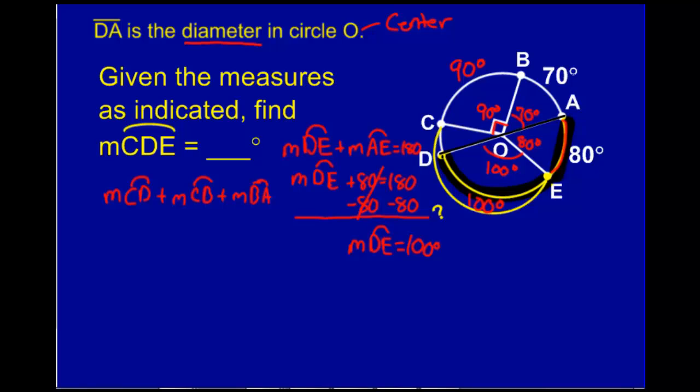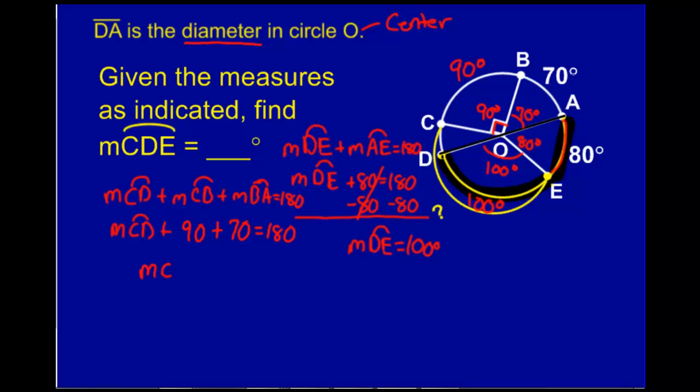All of those add up to 180. Okay, so the measure of arc CD, that's what we're trying to find, plus the measure of arc CB, that's 90 degrees, plus the measure of arc BA, that's 70, equals 180.